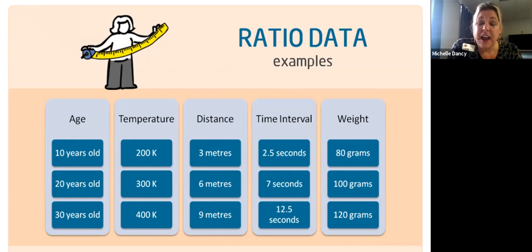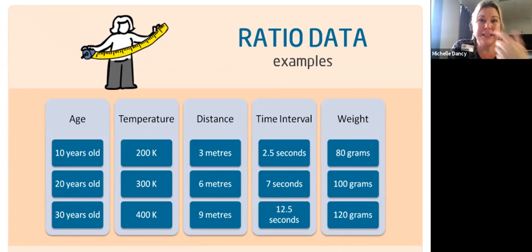Temperature. Now, depending on how we measure temperature, okay, this is one of those I put on here on purpose to show you, okay, wait a second. Didn't Miss Dancy mention a few minutes ago that temperature could be interval because there was no true 0 point? Oh, yes, I did. I'm glad you remembered.